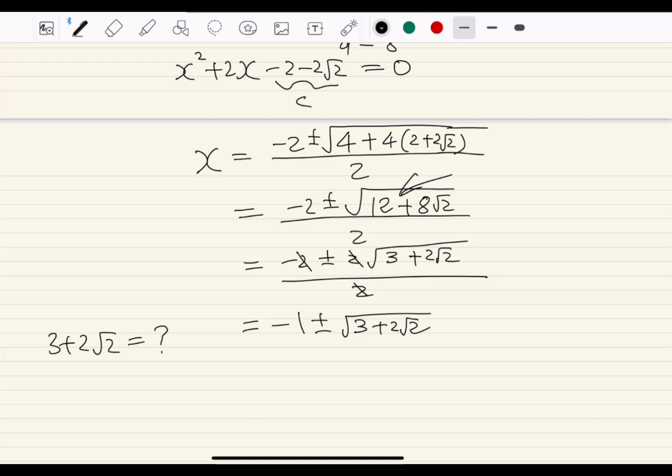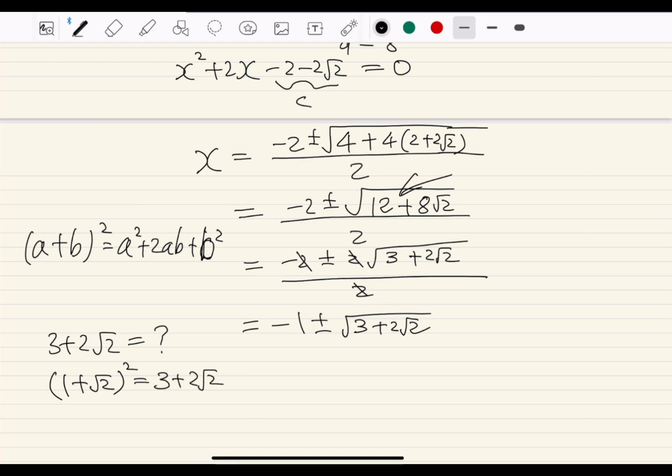If you're familiar with the binomial expansion, a plus b squared gives a squared plus 2ab plus b squared, then you should be able to find that 3 plus 2 root 2 equals 1 plus root 2 squared. Because if you expand the bracket, you have 1 squared plus root 2 squared, which is 3, and plus 2 root 2. So our answer can be written as the square root of 1 plus root 2 squared.